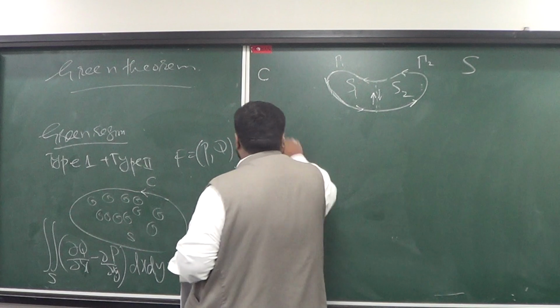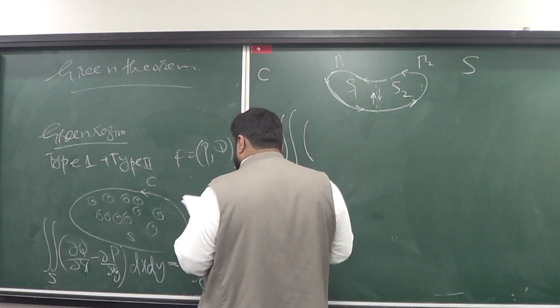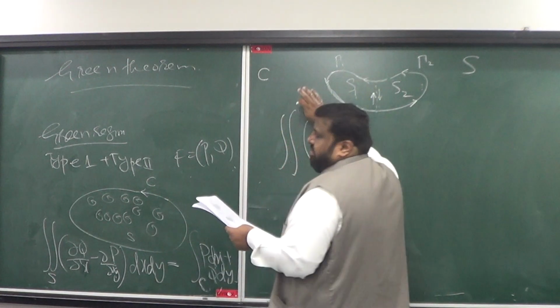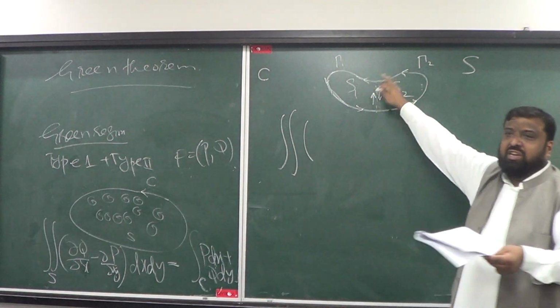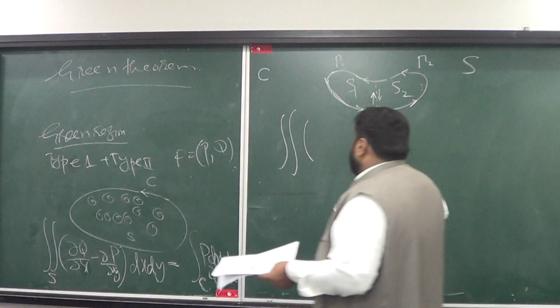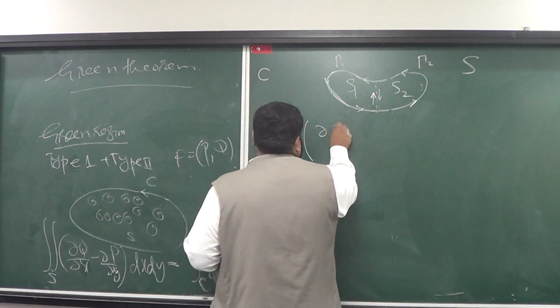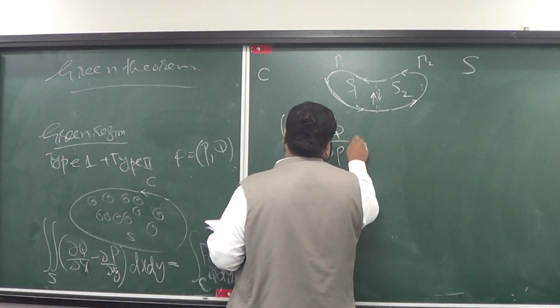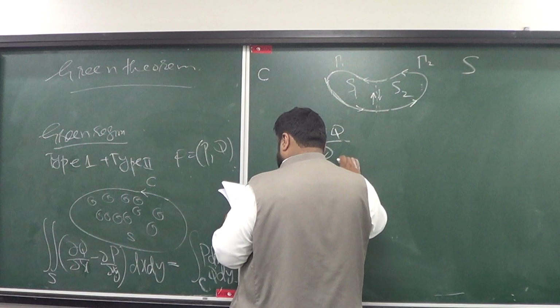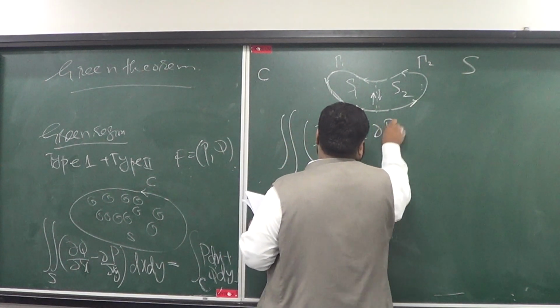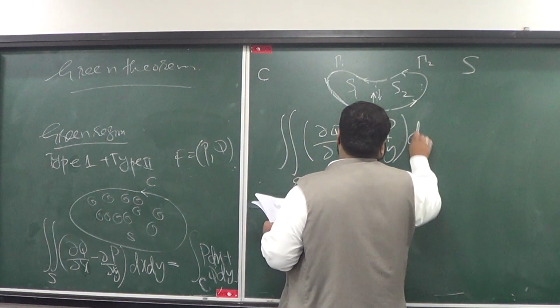So I want to compute the circulations, okay, and I'm also assuming that I have a vector field defined here. So let's collect all circulations of the vector field in this entire region.